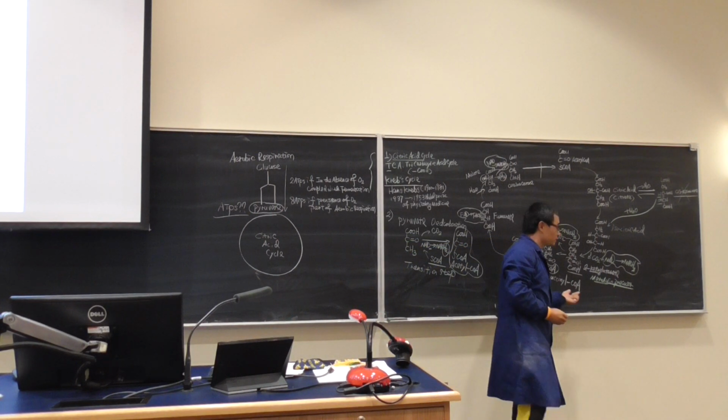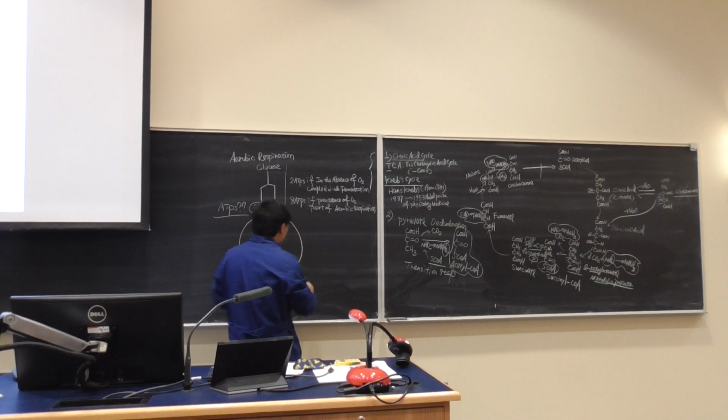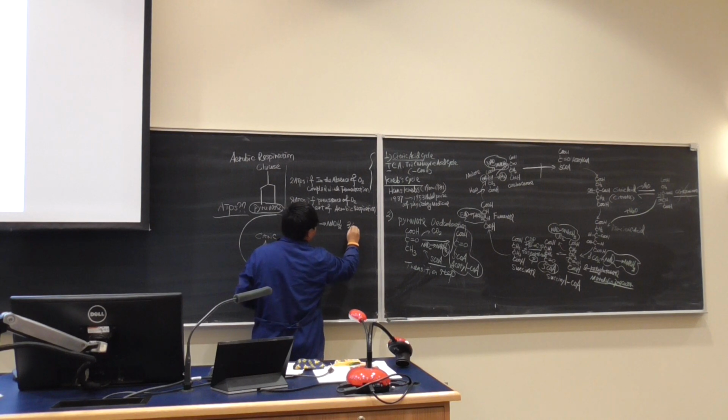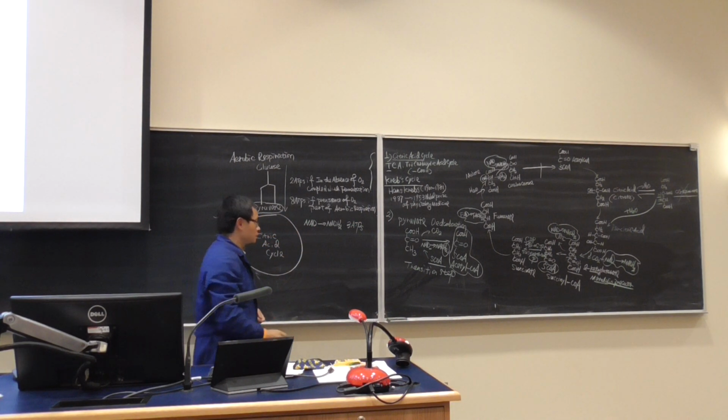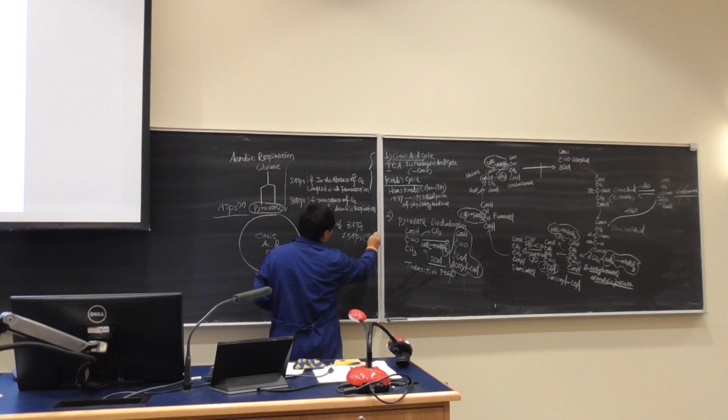So we're going to do the calculation. To make your life a little bit easier, NAD reduced to NADH2, we were thinking, gives 3 ATPs. In the new biochemistry class, the new edition will say this is 2.5 ATPs because of the consideration of the oxygen phosphate ratio.